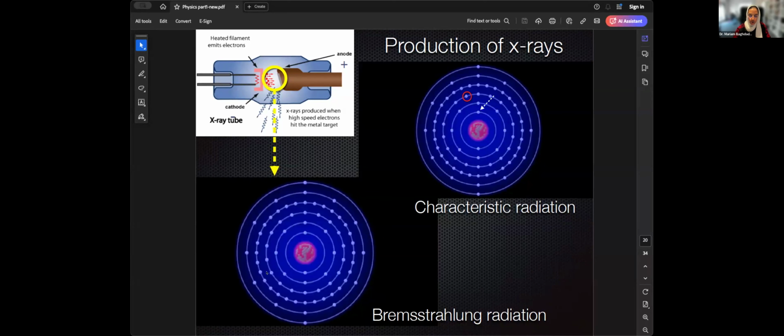It will change its direction and lose all of its energy, and that energy is turned into radiation. That energy is turned into photons. The other one is by an electron kicking out an inner electron, and the difference between an outer electron and inner electron becomes radiation. That's how these little bundles of photons are produced when these electrons hit the target. I hope that's clear.